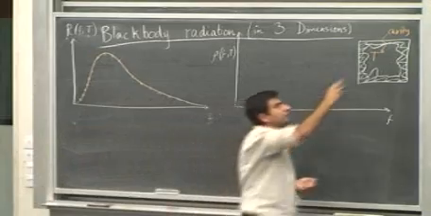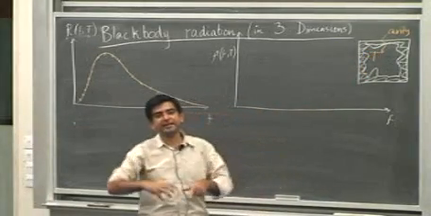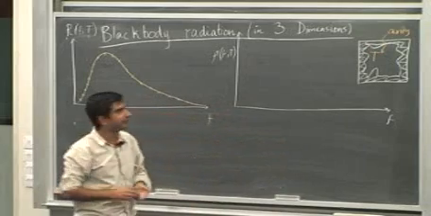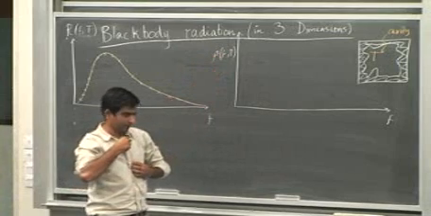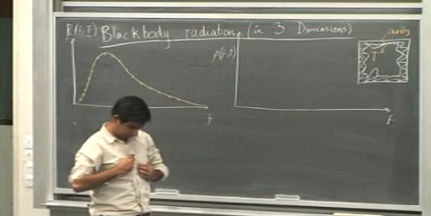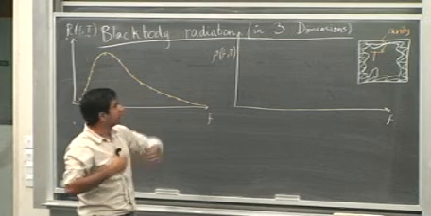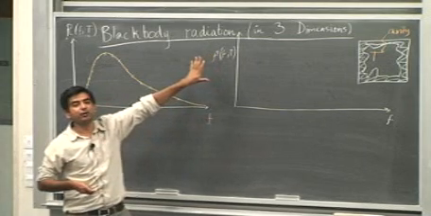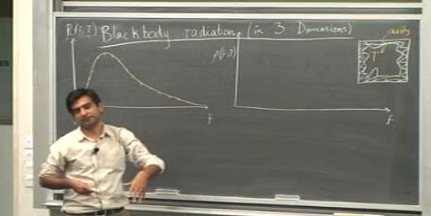If we take a small volume of the cavity, find the total energy inside the cavity for unit frequency, we call it the energy density. So this energy density has units of joules per cubic meter per hertz.